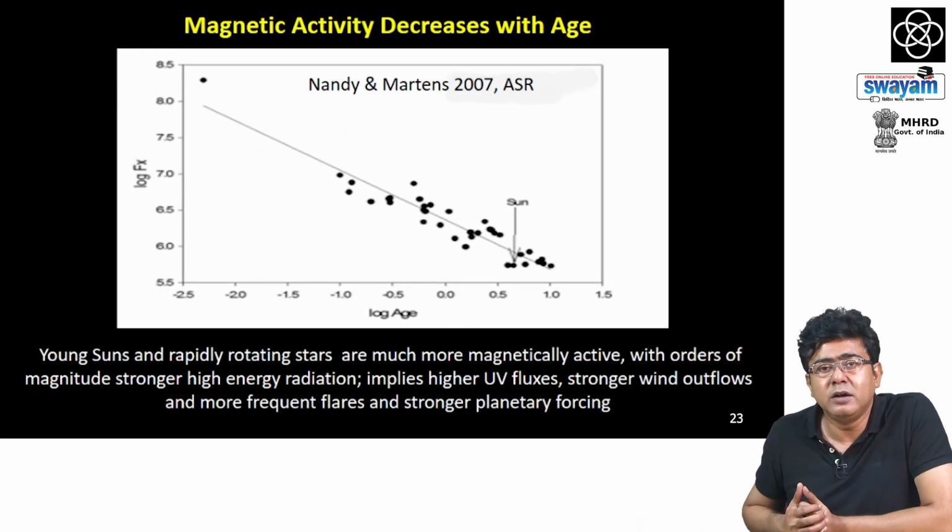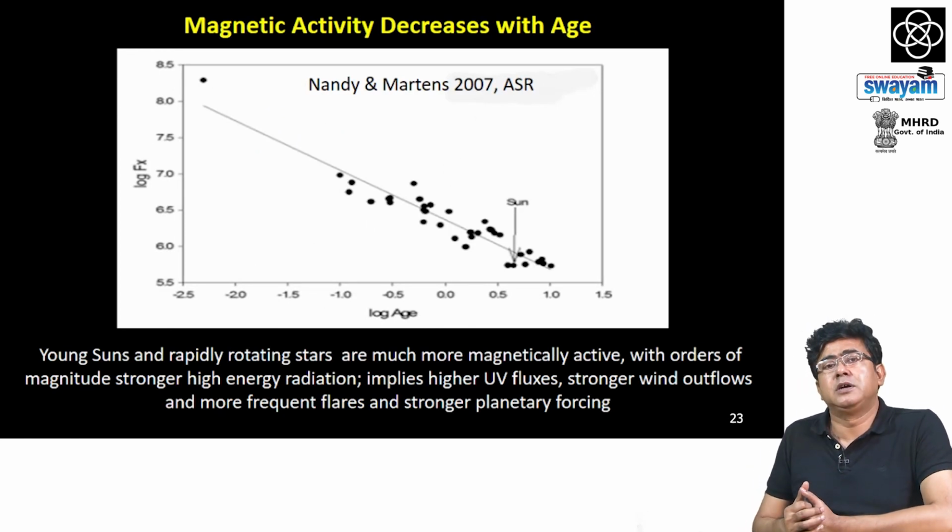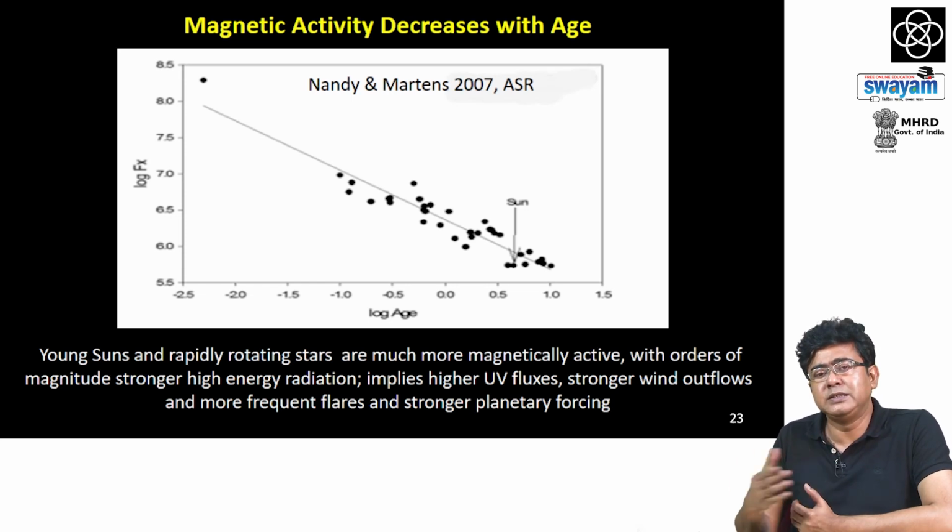This has been done, and in fact, we have done this using observations of stellar X-ray data. And what you indeed find is, as the star ages, there is a very clear relationship of how the magnetic activity level and the X-ray luminosity, the X-ray flux from the stellar coronae, declines with time as a sun-like star ages.